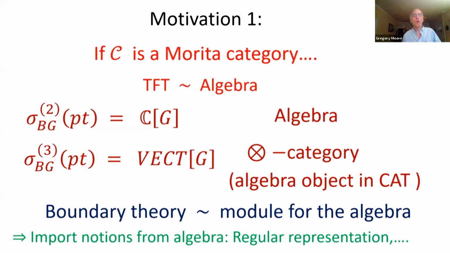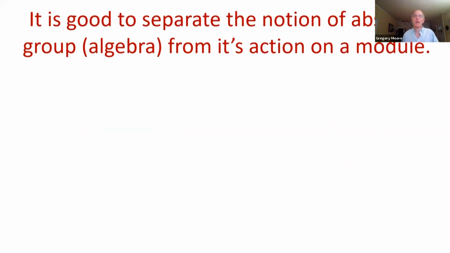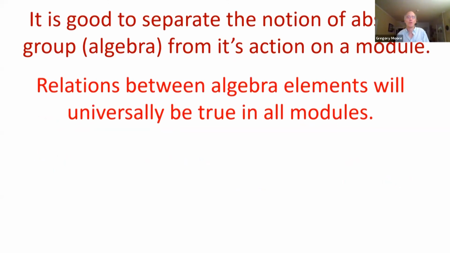And then you can import notions from algebra, like the notion of a regular representation. And an important idea in abstract algebra theory is that it's good to separate the notion of an abstract group or an abstract algebra from its action on a particular module, because then relations between algebra elements will be universally true in all modules.